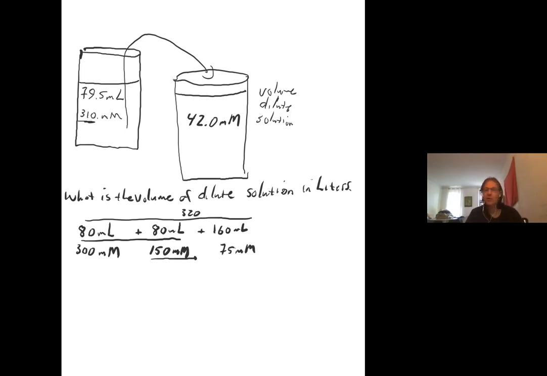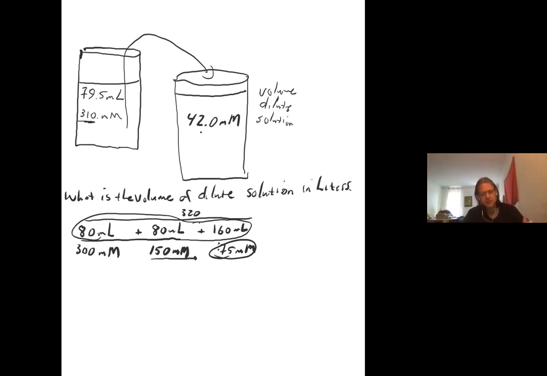So that's telling me I'm going to have a total volume of 320 milliliters to get it down to 75. If I want to get it down to 42, I'm going to have to add even more water. So your total is going to be over 300 milliliters. That's just to give you an idea of the proportionality.